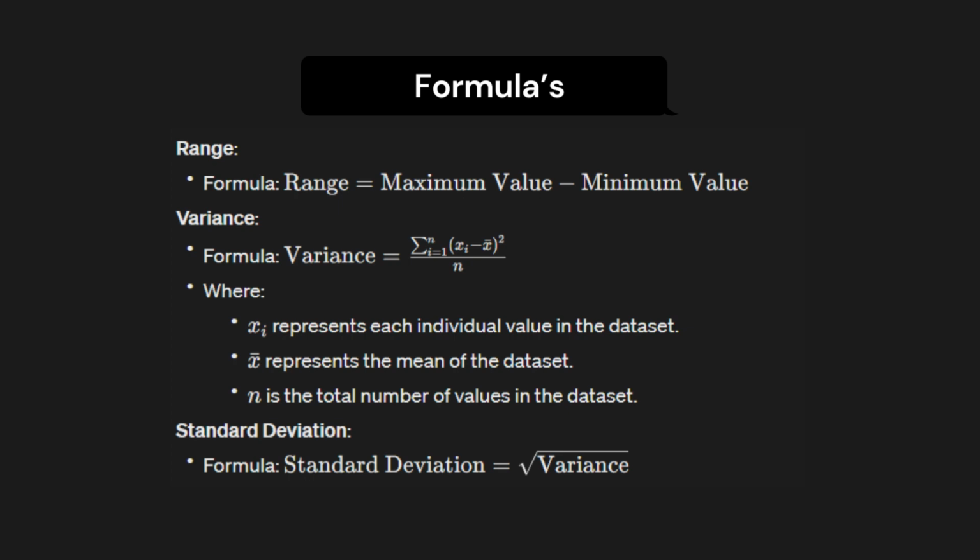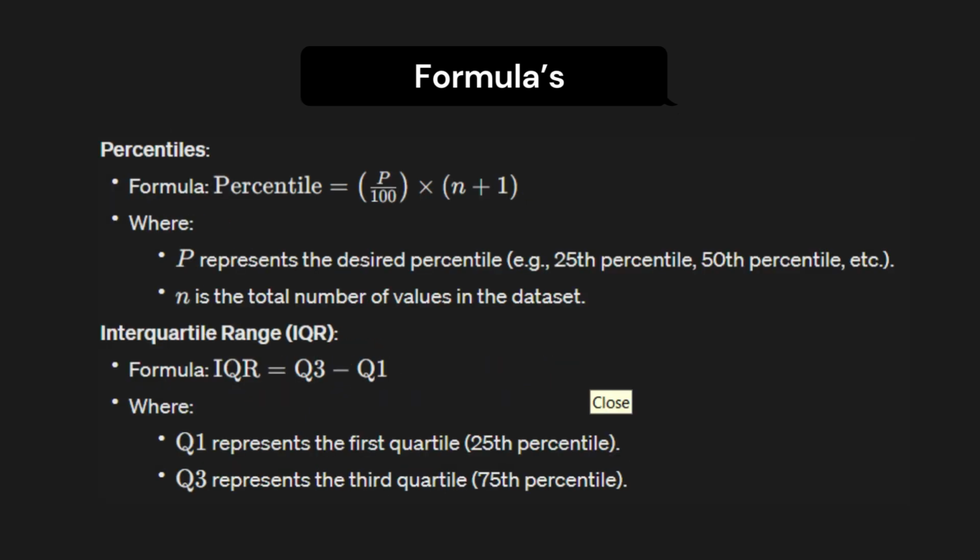And once you find your variance, your standard deviation will be the square root of your variance. Although we have a formula for finding standard deviation also, we will see what it is, but that's all for now.